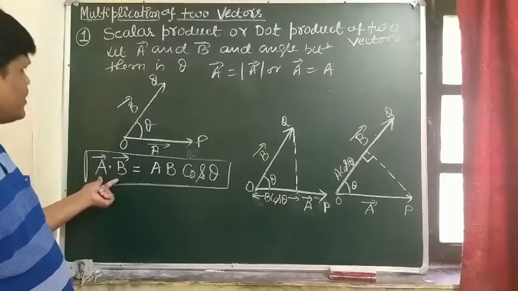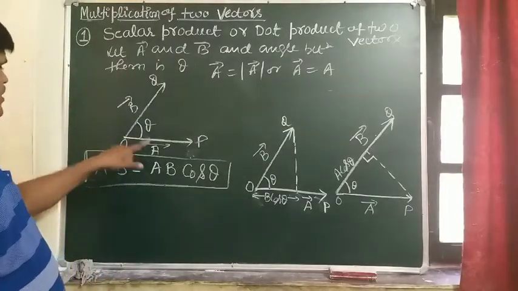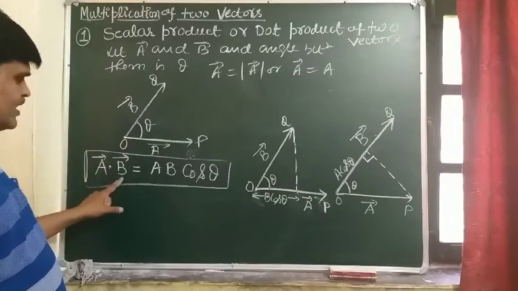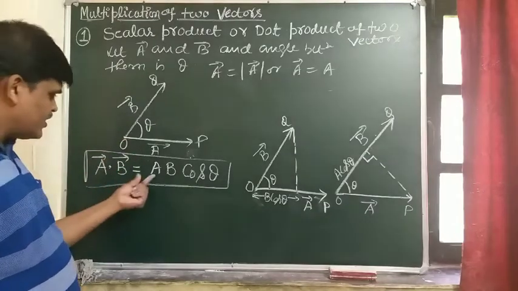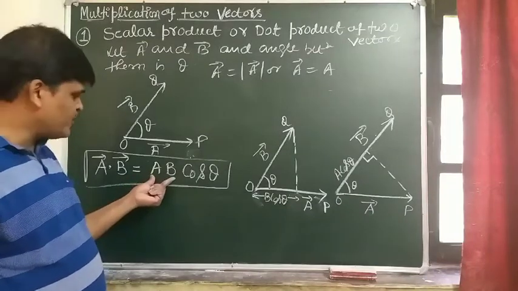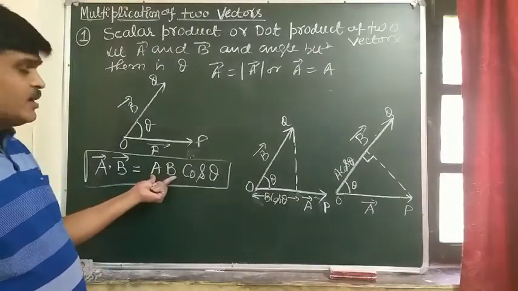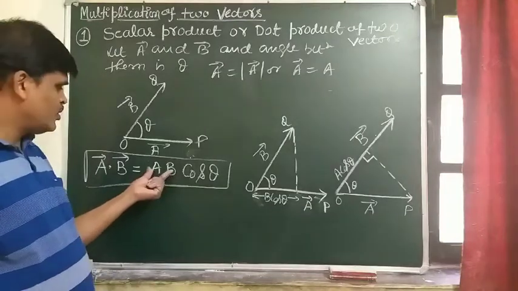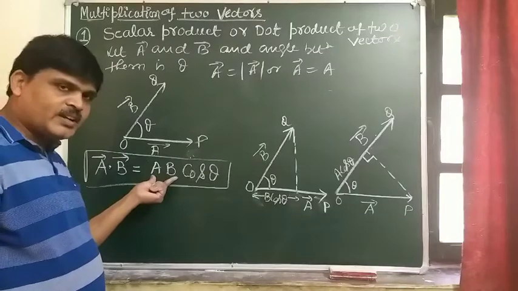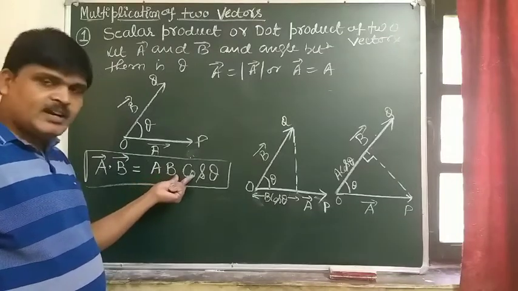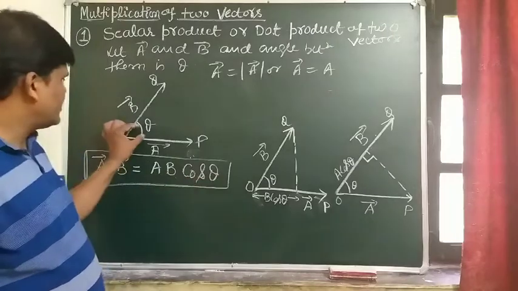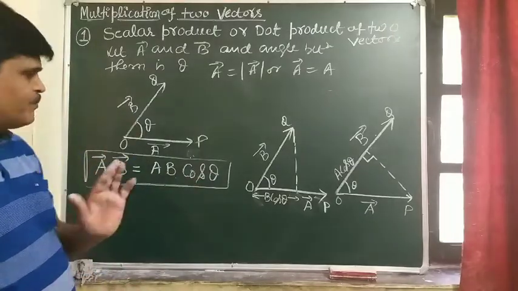So the scalar product of two vectors A and B can be defined as the product of the magnitudes of the two vectors A and B and the cosine of the angle theta between them.